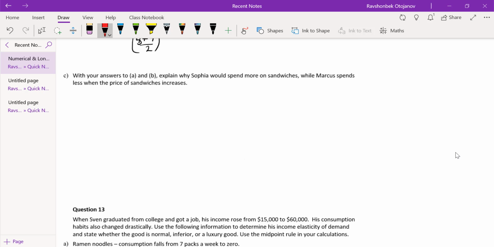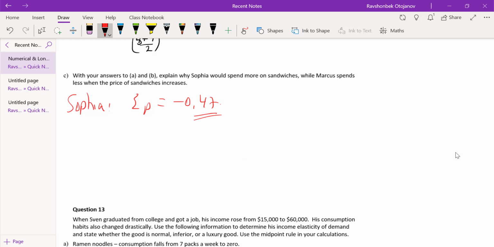So next, with your answers to A and B, explain why Sophia would spend more on sandwiches while Marcus spends less when the price of sandwiches increases. We'll start with Sophia. Her price elasticity of demand was minus 0.47 if I remember correctly. So this is less than 1 in absolute terms.